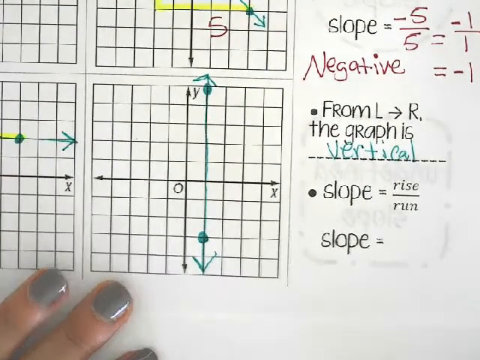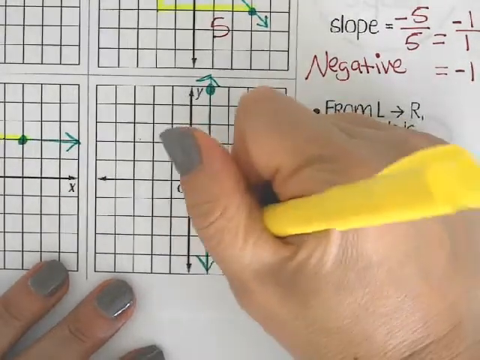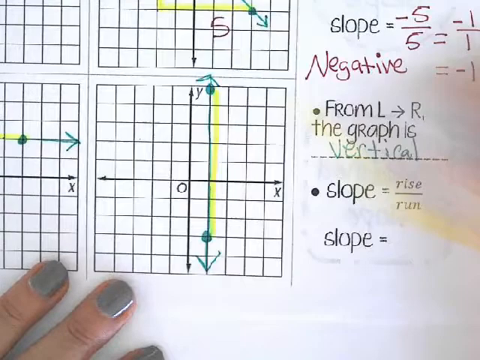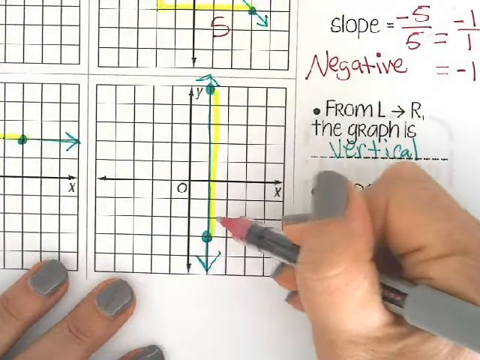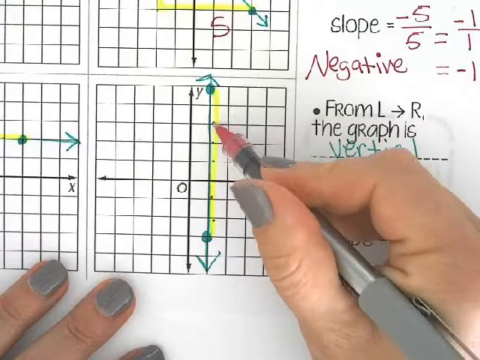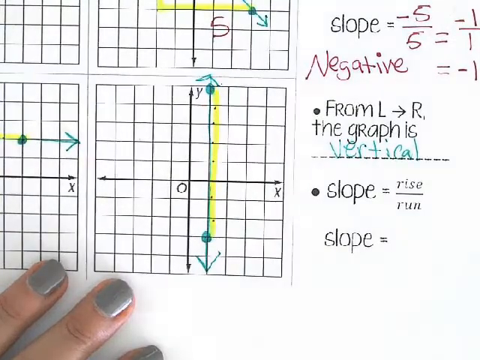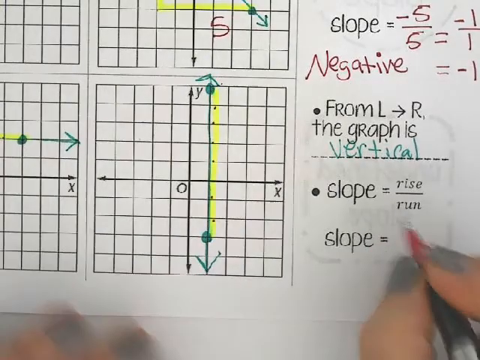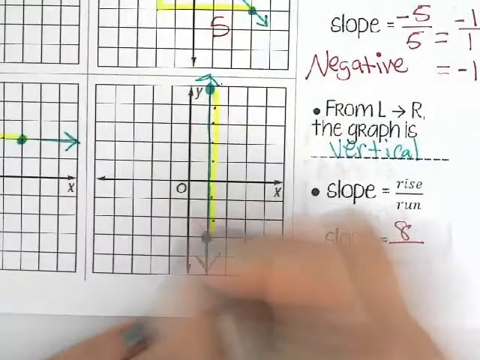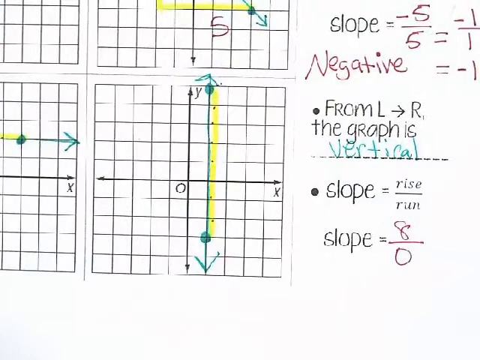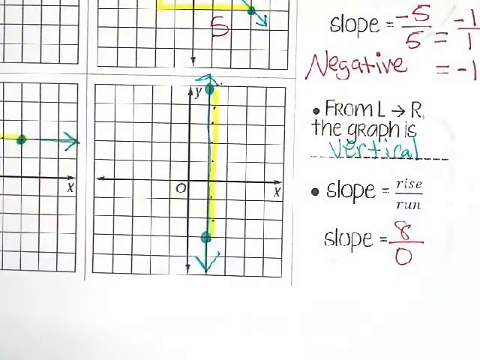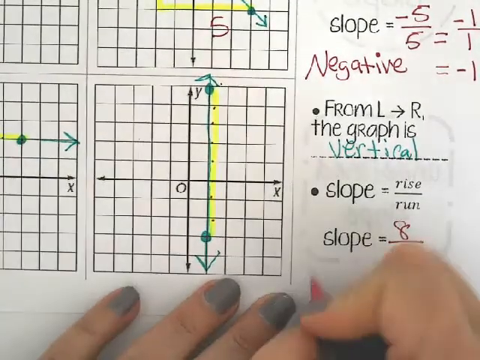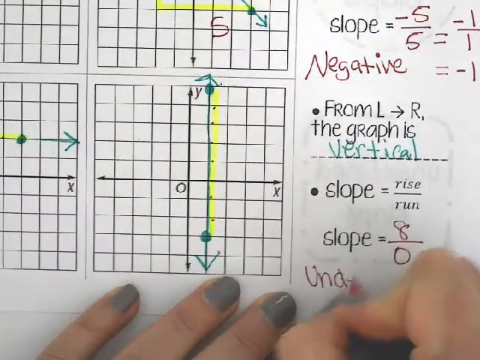It does have a rise, so I'm going to highlight it. 1, 2, 3, 4, 5, 6, 7, 8. So I'm going to write rise is 8. There is no run, so it's 0. So 8 over 0. If I did 8 over 0 in my calculator, it's going to give you an error message. This is called an undefined slope.